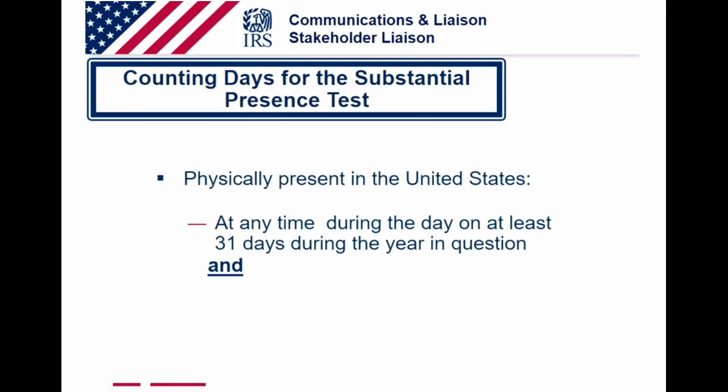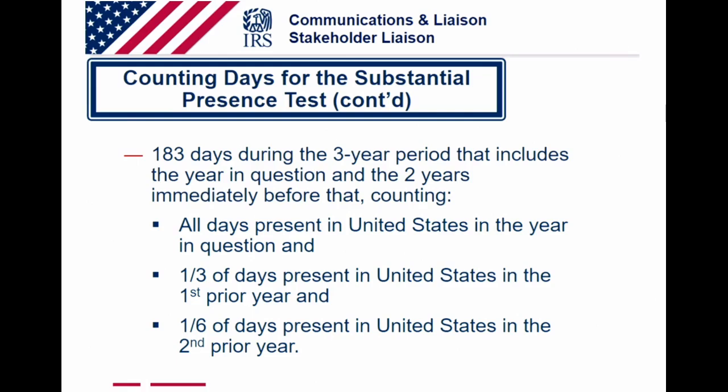Under the substantial presence test, an individual is considered a U.S. resident for tax purposes if they're physically present in the United States at any time during the day on at least 31 days during the tax year and 183 days during the 3-year period that includes the tax year in question and the 2 years immediately before that, counting all days present in the United States in the tax year and 1/3 of days present in the first year before the tax year and 1/6 of days present in the year before that.